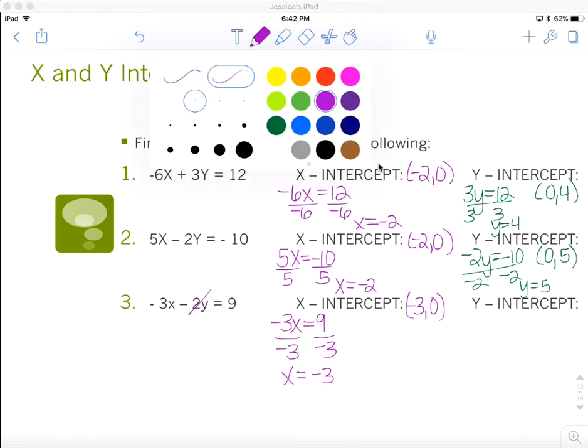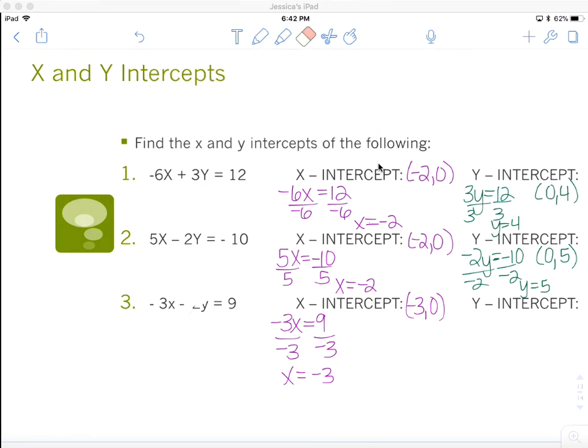For the y-intercept, if I plug in 0 for x, then negative 2y equals 9. I divide by negative 2, and y is negative 9 over 2, meaning my y-intercept is 0, negative 9 halves, or negative 4.5 if you want to write it as a decimal.